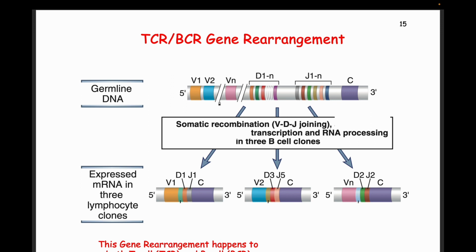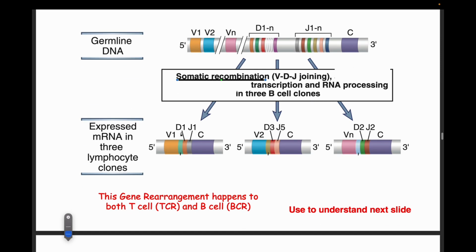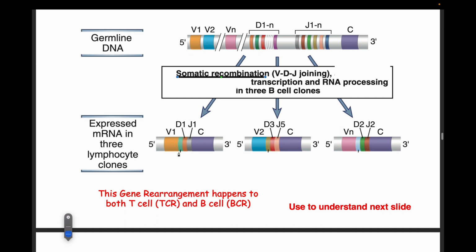What happens is there are enzymes that cut specific regions: a region from V, a region from D, a region from J. In the end, the parts that were cut will join again, undergoing somatic recombination in order to form a new specific VDJ region. For example, here we have V1, V2, VN, maybe V5, V6.